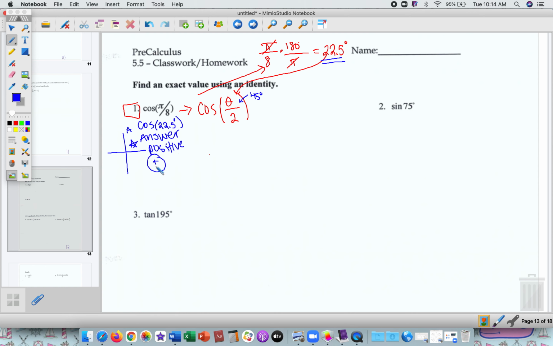So we have cosine of 45 degrees over 2, where we know the top is theta. And we know the formula is plus or minus the square root of 1 plus cosine of theta all over 2. Wherever we see theta, we're going to replace that with 45 degrees.